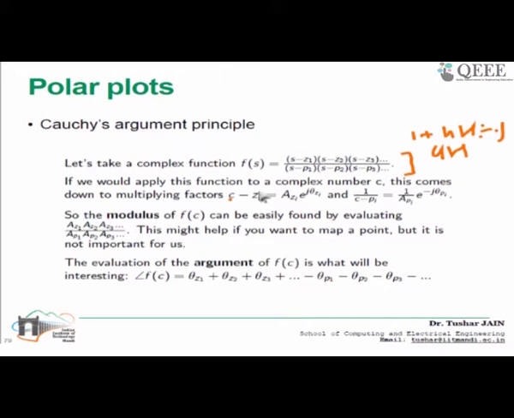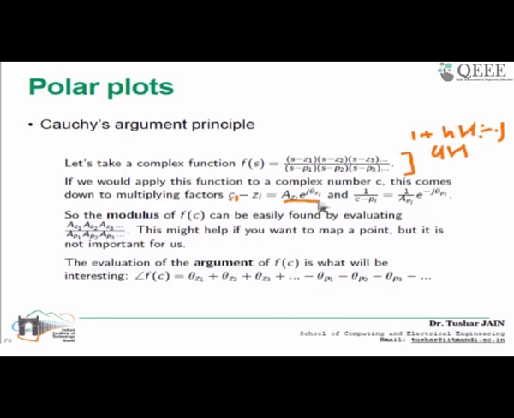Here, s is replaced by c, so I would have c minus z1, c minus z2, c minus z3, and likewise c minus p1, c minus p2, c minus p3.